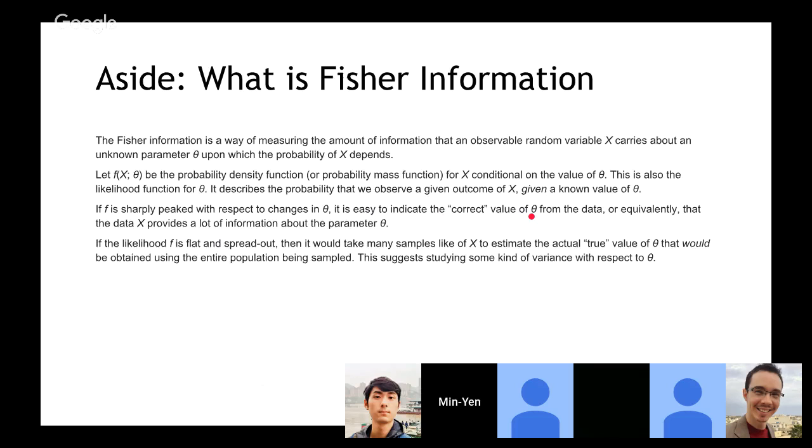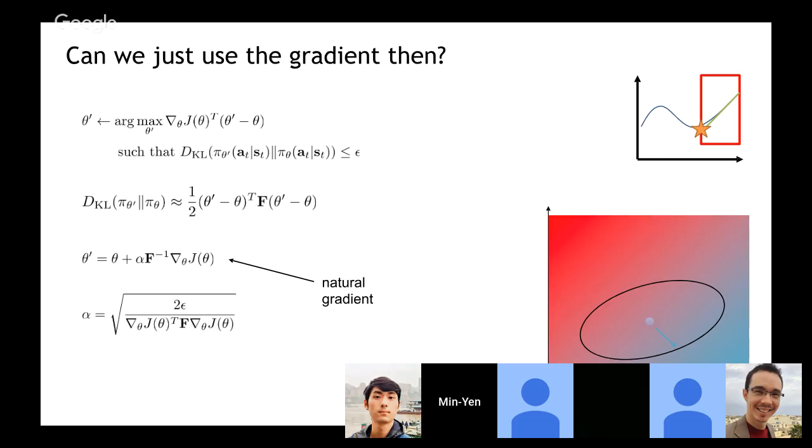So what we're trying to do here is, since we cannot take a step from theta even inside that circle, we take a step knowing this Fisher information, and that modifies that circle in theta space to this ellipse.